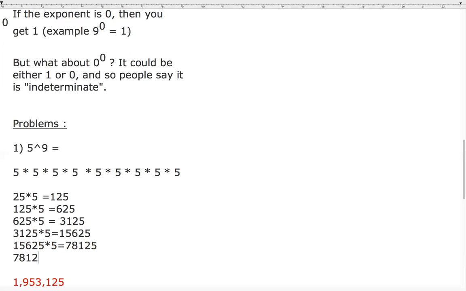So 78,125 into 5 is going to be 390,625. So how many times have you multiplied?